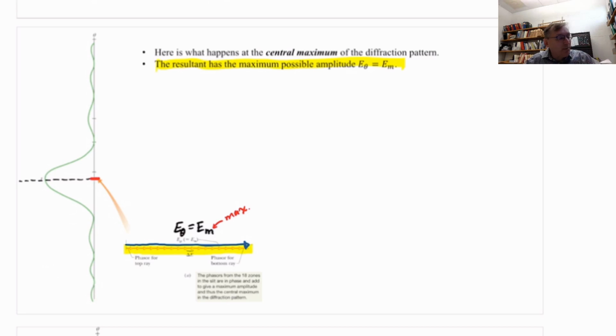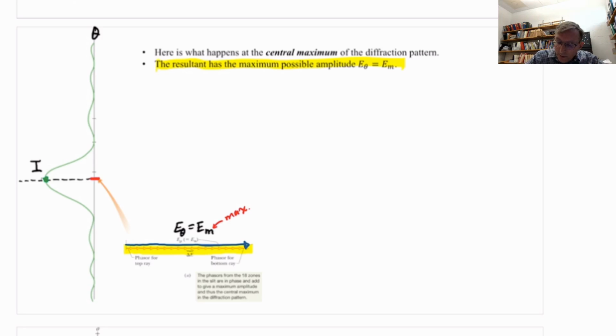The intensity is going to be proportional to this amplitude squared. So it's going to be proportional to E max squared. And so the intensity at that central maximum is the largest intensity we can get. It's even sketched here sideways in green, in a curve. That's actually a plot, it's kind of hard to see, of the intensity versus theta. And the fact that we're at a peak here is telling us that it's the maximum intensity at the central maximum.